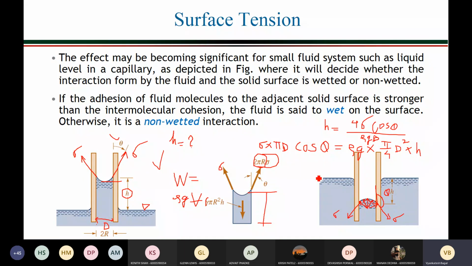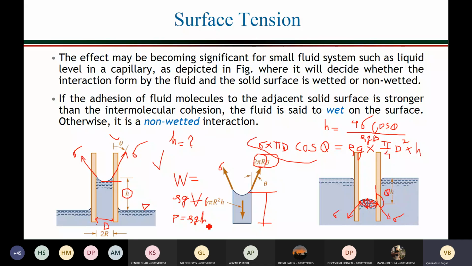When you write the expression, the left-hand side will remain as it is for this case also, and on the right-hand side we are going to write the pressure force. Pressure in a static fluid is given as rho g into the height of the column.